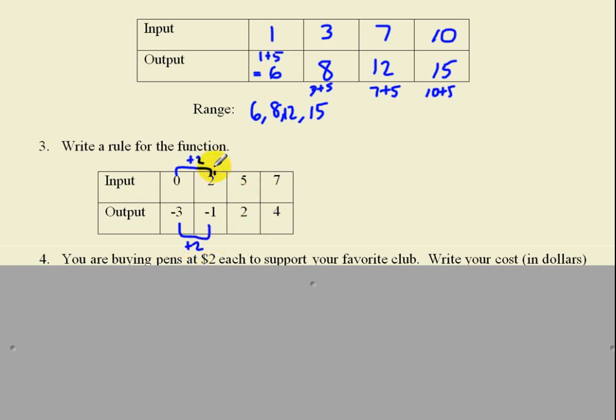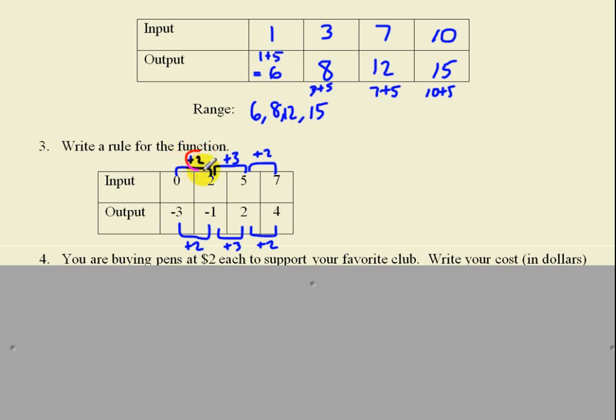And here from 2 to 5 we went up by 3, and from -1 to 2 we're going up by 3. From 5 to 7 we're going up by 2, and from 2 to 4 we're going up by 2. So now compare the change in our input to the change in our output.